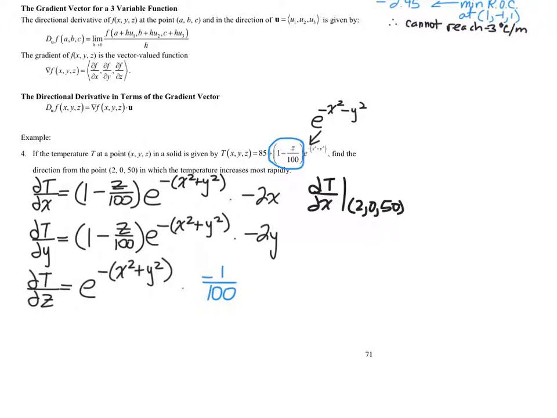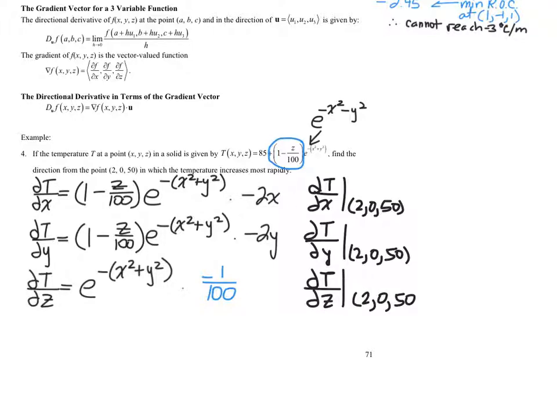We have to do the same thing for partial with respect to y and partial with respect to z. The good news is there's a lot of consistency from partial to partial because they all have the e to the negative x squared plus y squared in it.